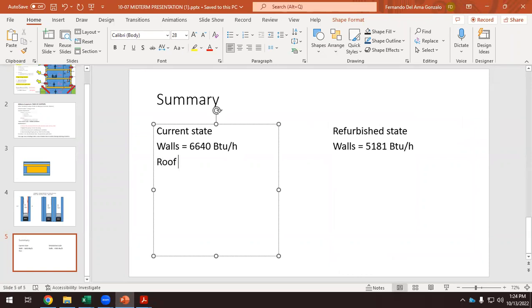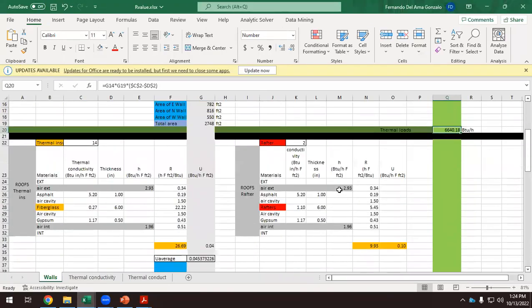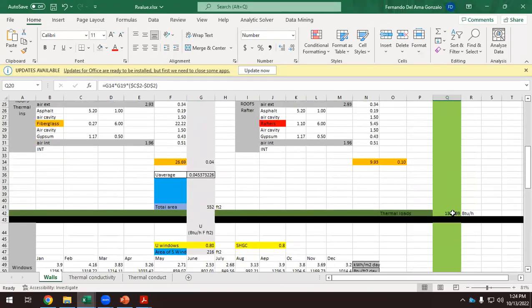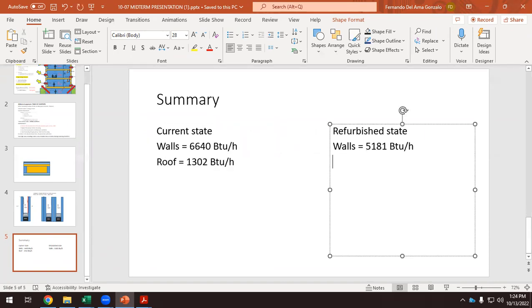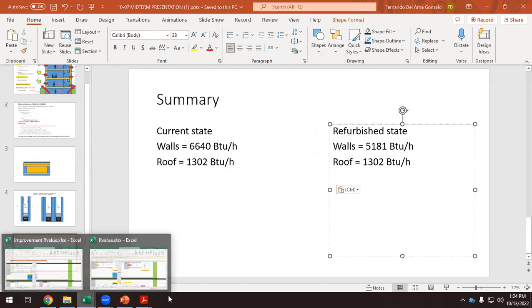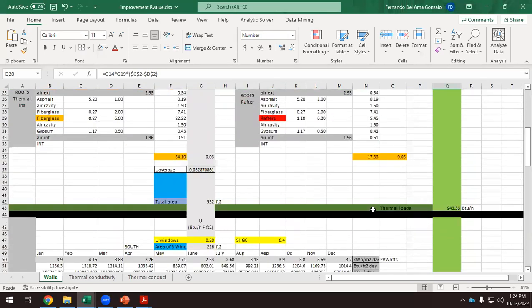The roof. The current state of the roof was 1302. Don't forget units, BTU hour. What about the roof in the improved state, with 2 more inches of thermal insulation? It's 943.